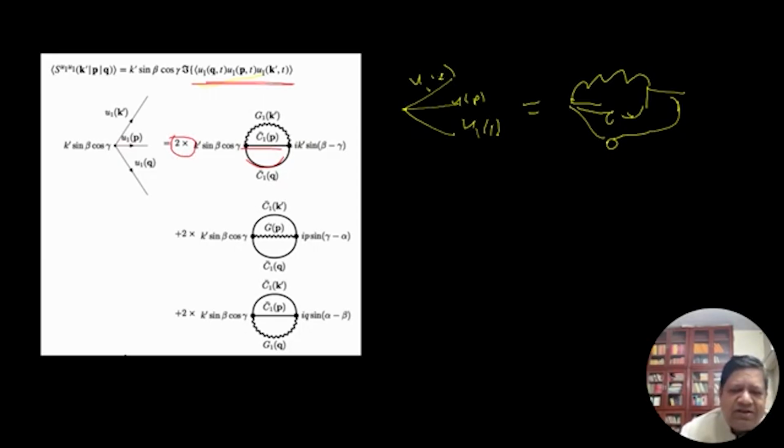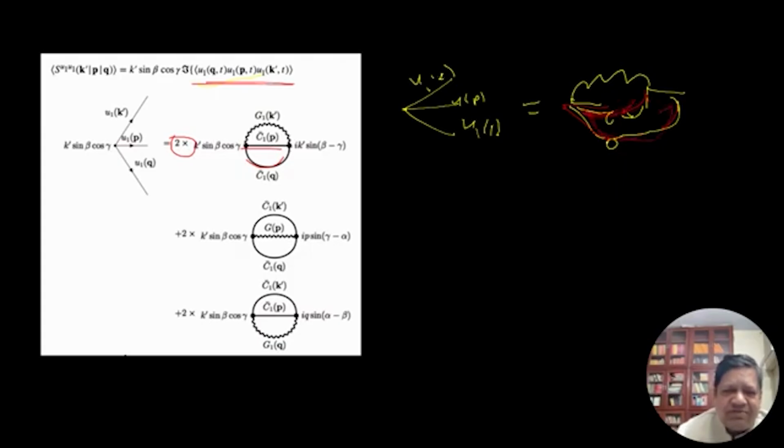One way to combine this is, well, there are two ways to combine. So there were two legs here and here. Right now I use this with this one, and this with this.